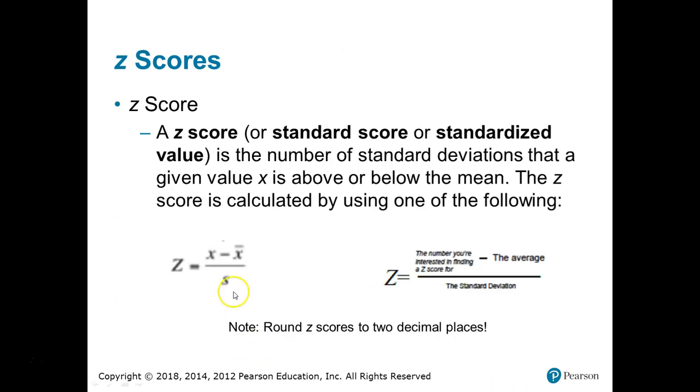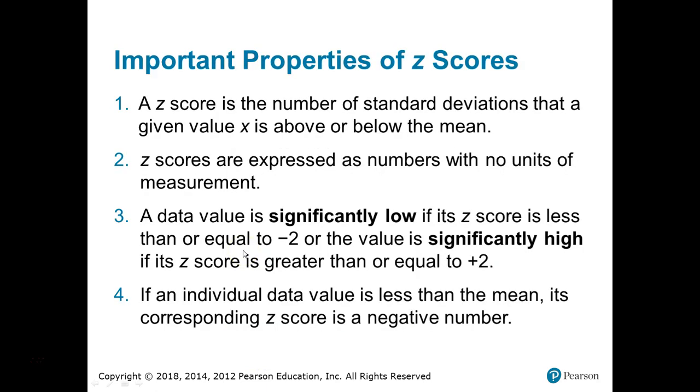If you look at the formula, the units would cancel, so you have a unitless measurement. A data value is significantly low if its z-score is less than or equal to -2, and significantly high if its z-score is greater than or equal to +2.